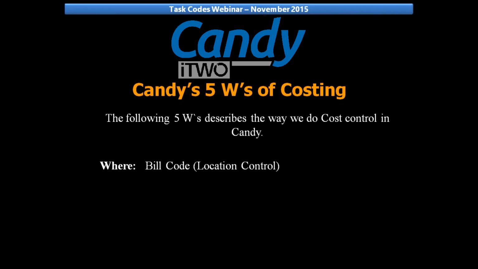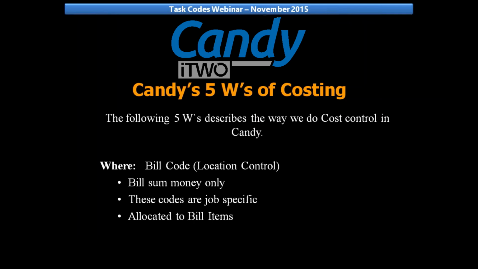The first W would be the bill code. That's used for your location control. The bill code will sum only money. These codes are job specific. And the bill code is allocated to bill items. The bill code is also fixed by the project team.